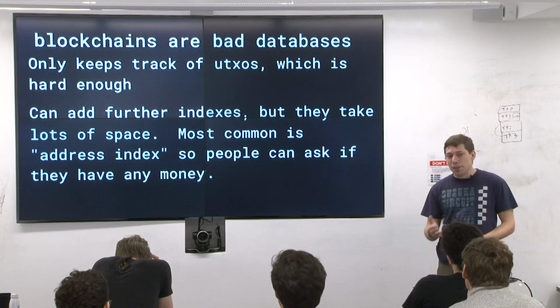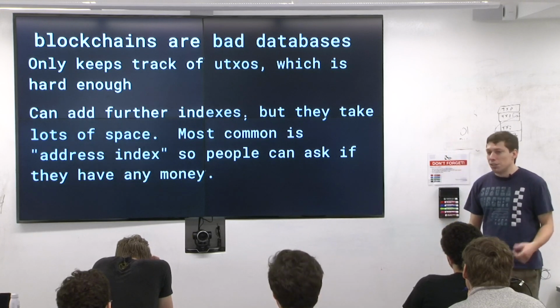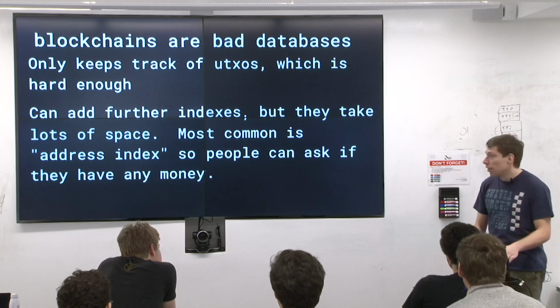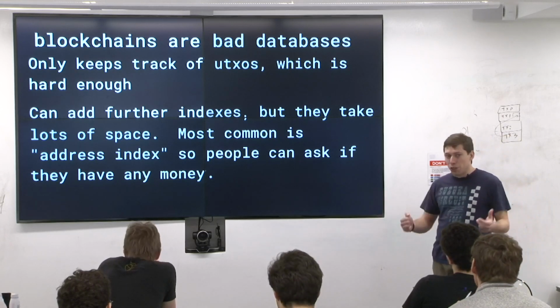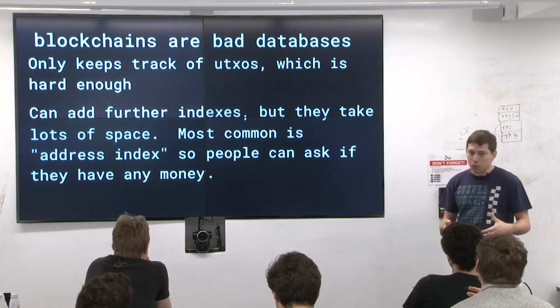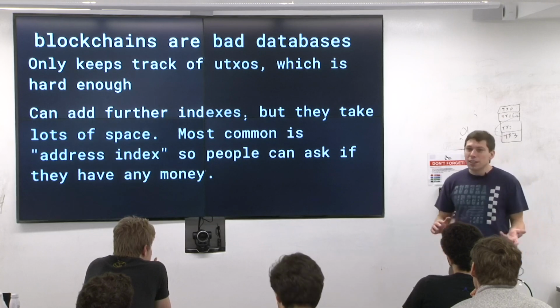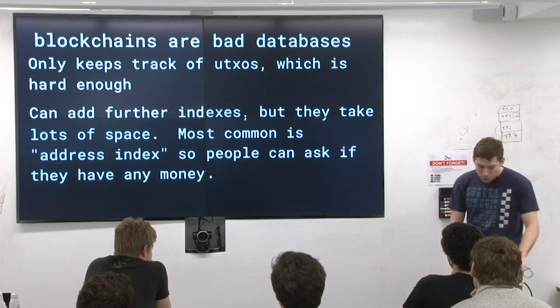And as people have been updating the software and making it more efficient, now it's quite fast. You can sync the whole thing in a few hours on a good computer. So address index is one of those things where it hasn't had the full force of all these Bitcoin protocol coder people on it, because it's seen as, well, that's kind of a fun feature if you want, but it's not a core utility of Bitcoin.